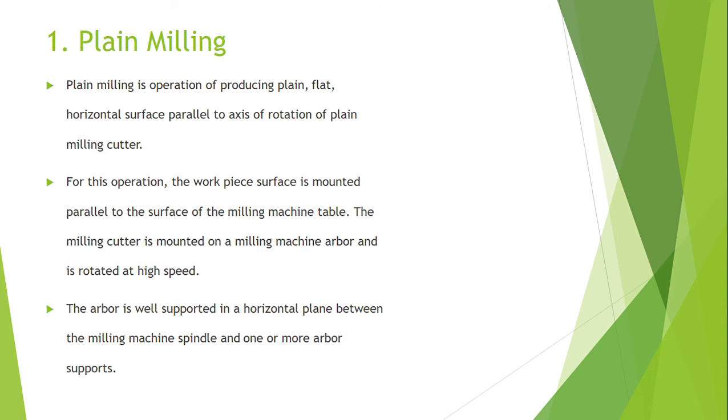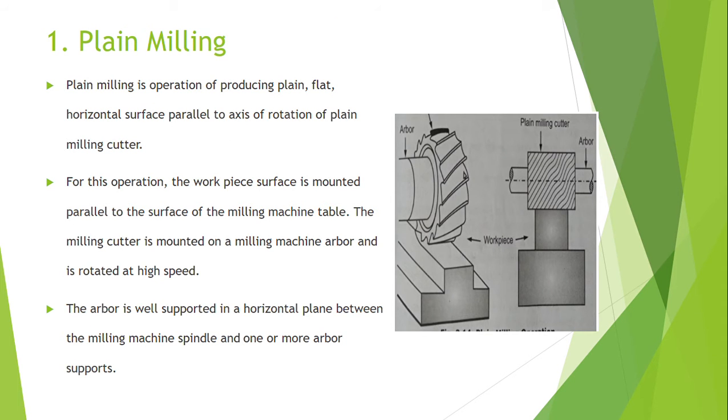The first one is plane milling operation. It is an operation of producing a plane, a flat or horizontal surface, which is parallel to the axis of the rotating plane milling cutter. You can see this in the figure. For this operation, the workpiece surface is mounted parallel to the surface of the milling machine table. The milling cutter is mounted on the milling machine arbor and rotated at high speed.